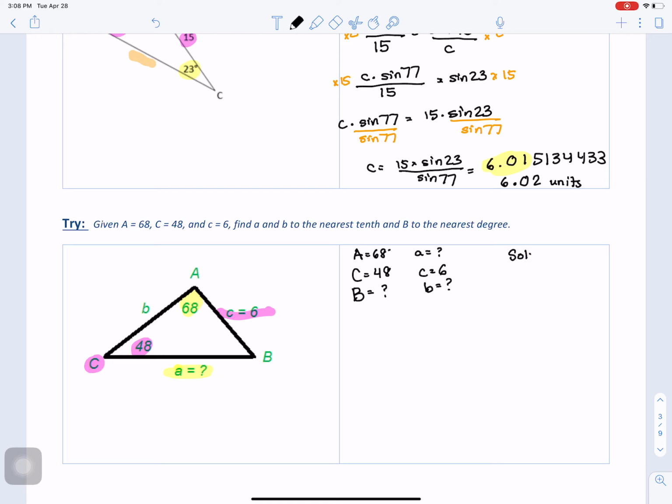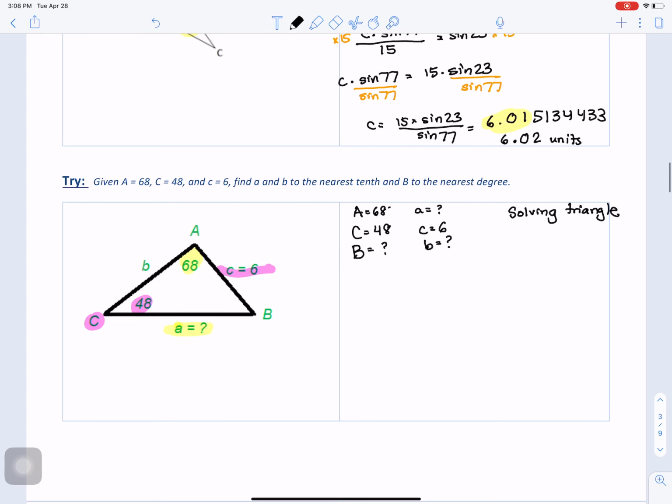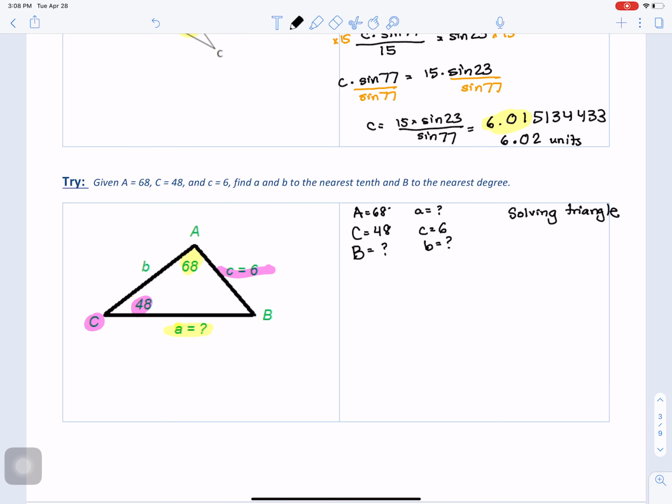Sometimes instead of saying find all of them, they'll say solve the triangle or find the solution to the triangle. That means solve for all the missing sides and angles. So when I look at the pink, I have 2 out of the 2 values. And when I look at the yellow, I have 1 out of the 2. So if I combine the pink and the yellow highlighting, I have 3 out of the 4 pieces of information.